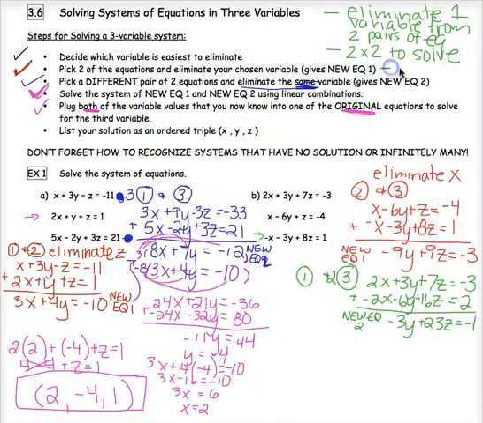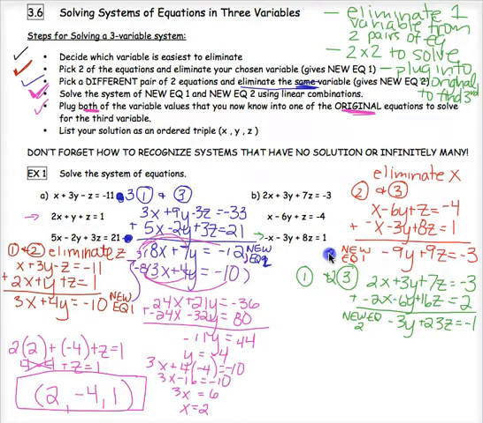Once you have that, then you're going to plug into the original so that you can find your third. That's the big picture. So what I've done is I've completely eliminated one variable from 2 pairs of equations. Now I have a 2x2 that I can solve.